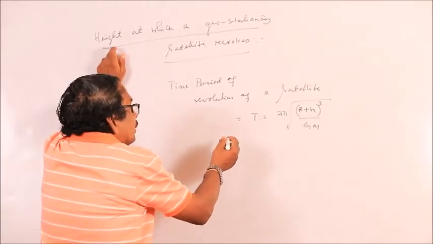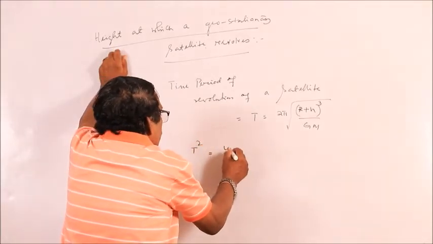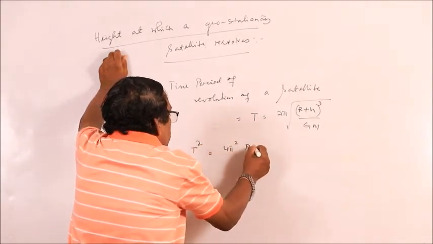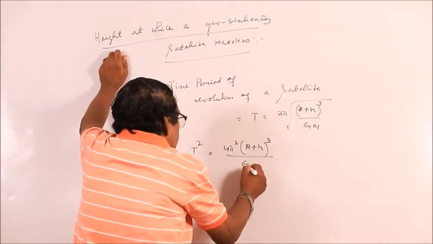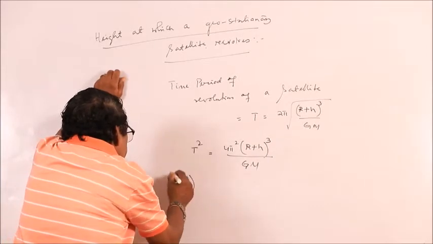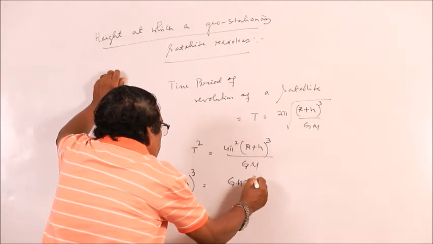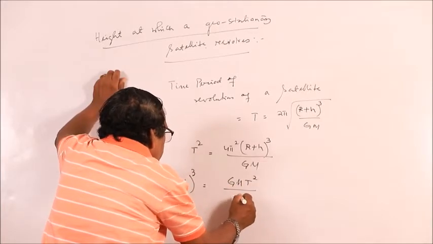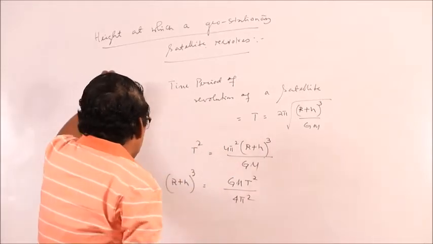So, let us square both the sides. T square is equal to 4 pi square (r plus h) whole cube by gm. So, (r plus h) whole cube is equal to gm T square by 4 pi square.